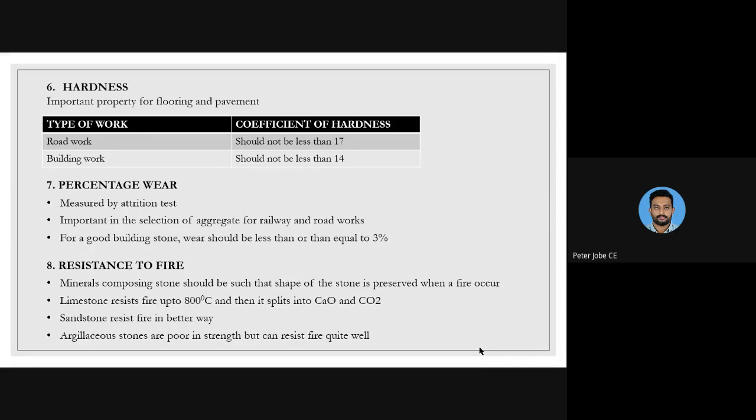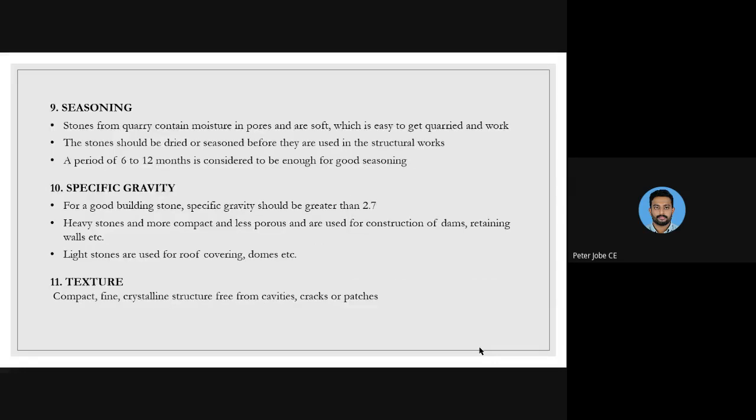So we can't heat marble beyond a particular temperature. It will also be subjected to chemical actions. Even atmospheric pollution can affect the durability of marble, as we have seen in the Taj Mahal, how its color has changed over the years due to pollution from the surrounding cities.